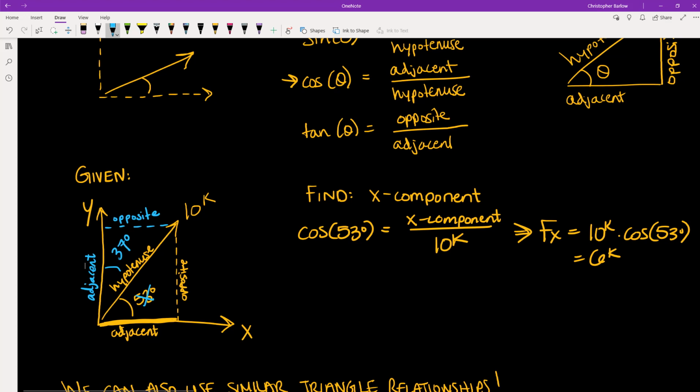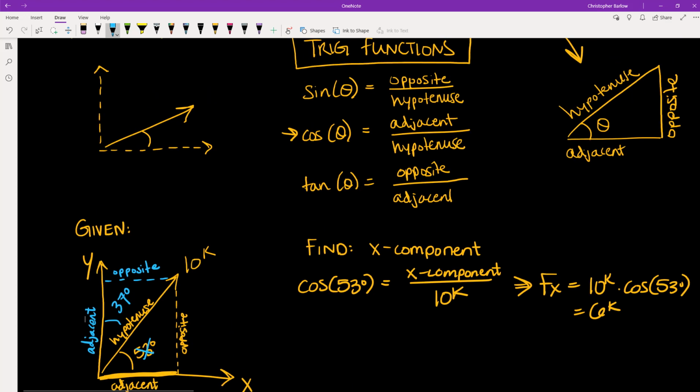And so if we were given this 37-degree angle here, to find the x component, we would need an equation that relates this angle and our given hypotenuse to the opposite side of the triangle. And that equation would be the sine function. So sine of 37 would be equal to the x component over 10 kips.